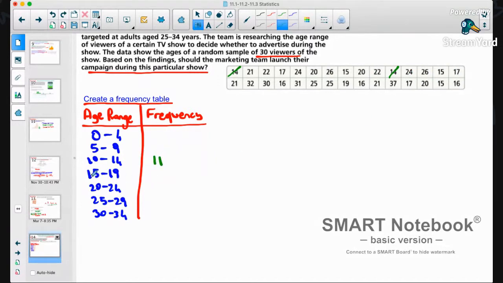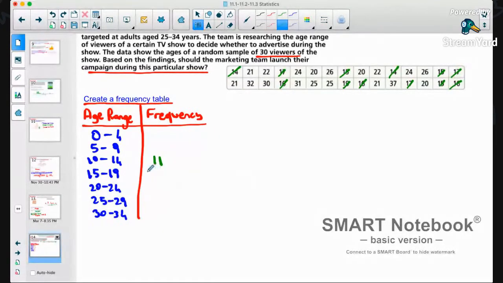Now 15 to 19. How many people are there? 1, 2, 3, 4, 5, 6, 7, 8, 9, 10. There are 10 people.